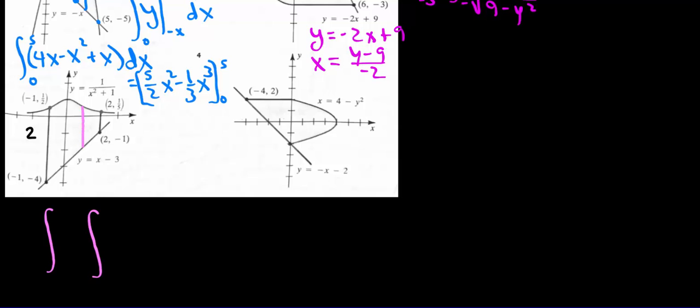No matter which x I fix, and x is going to go from -1 to 2, my y is going to go from x minus 3 all the way up to 1 over x squared plus 1. Yeah, like that.